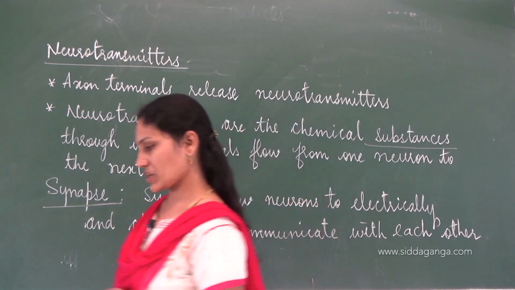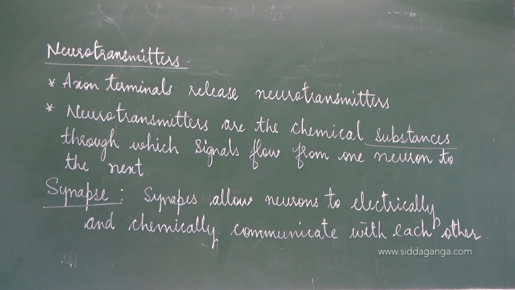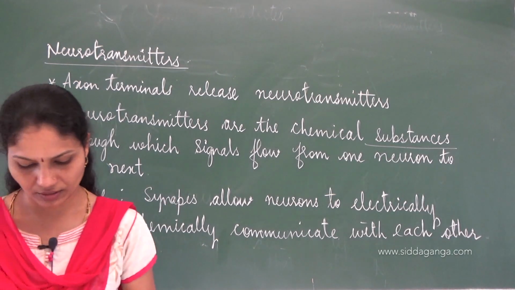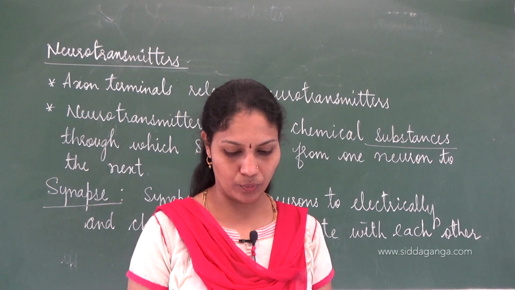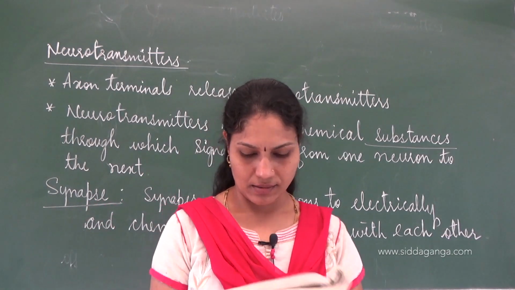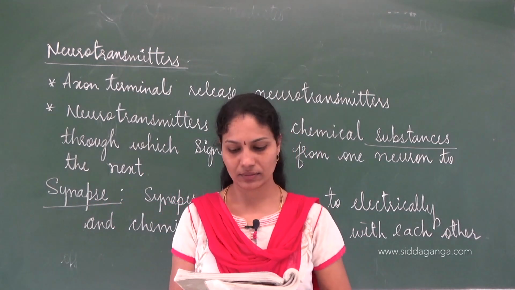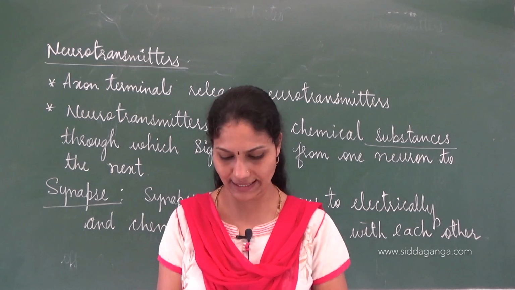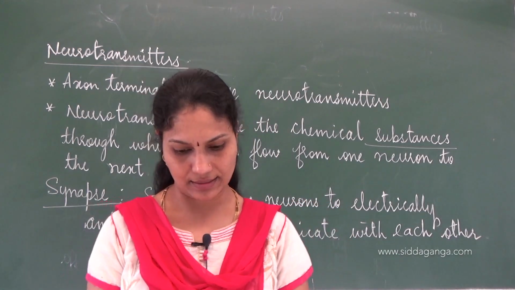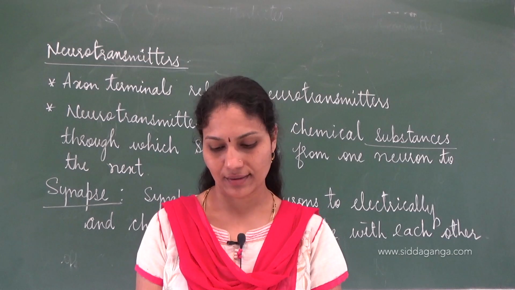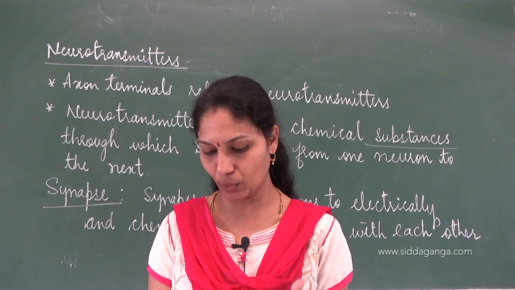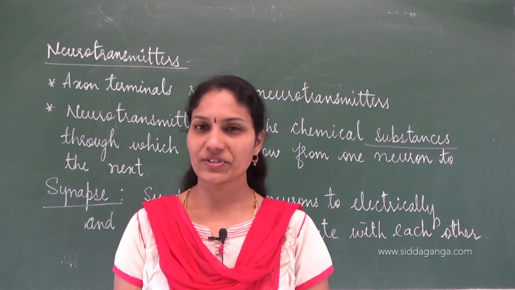We have some questions in the textbook. Figure 7.1, structure of a neuron, and below that look at the activity 7.1, and before activity 7.1 some questions have been asked.